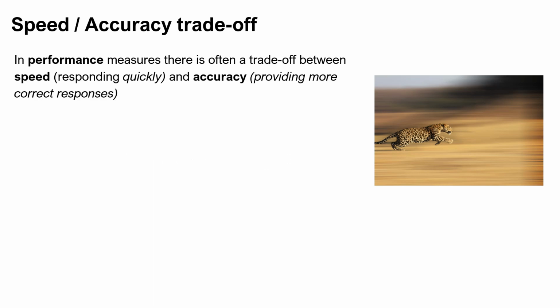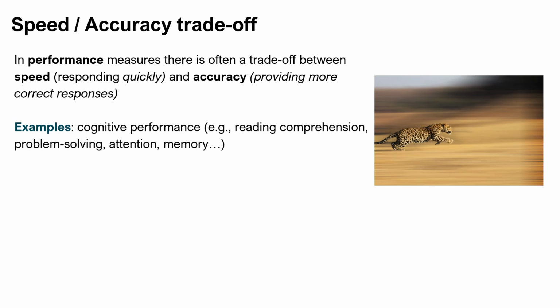Next, we'll talk about the speed versus accuracy trade-off. When you measure performance, there is typically a trade-off between speed, so that is performing the task quickly, and accuracy, providing more correct responses. And this is especially something we need to consider in different cognitive performance measures, including things like reading comprehension, problem solving, attention, memory, and so on.